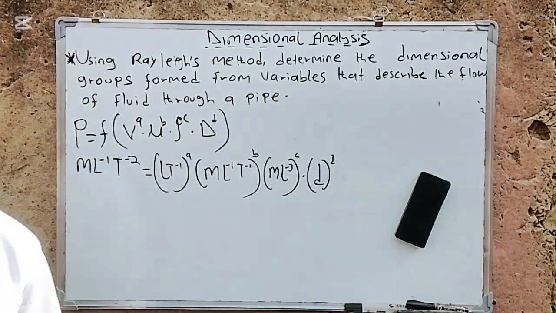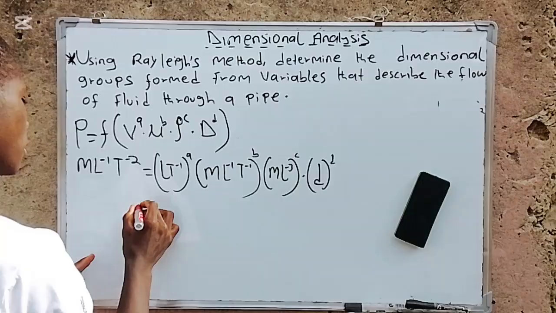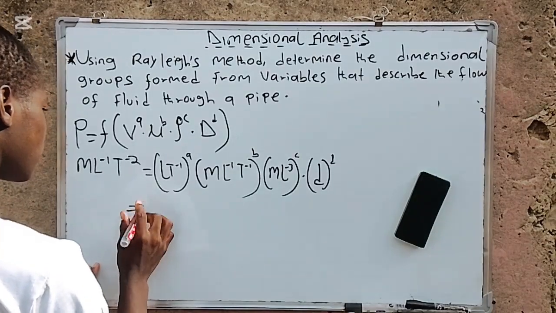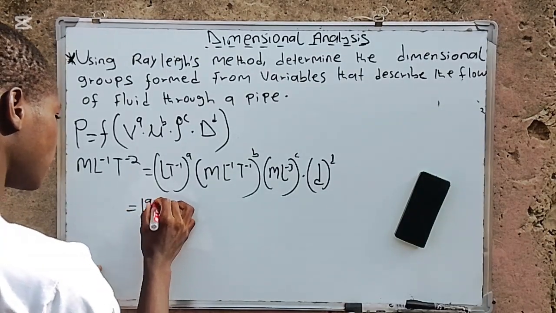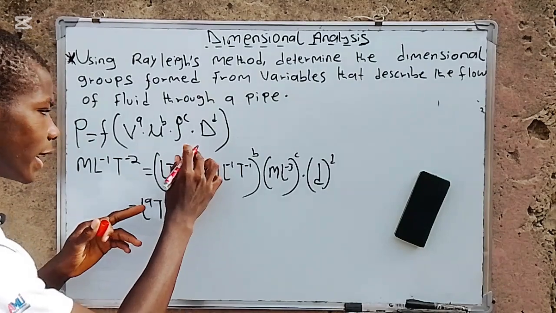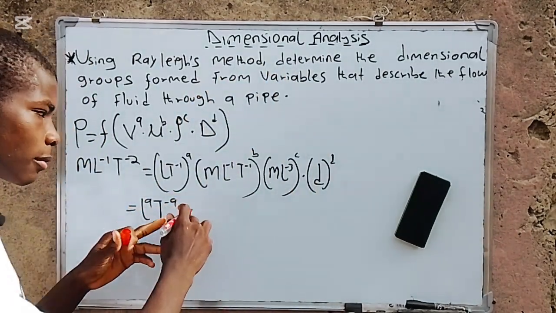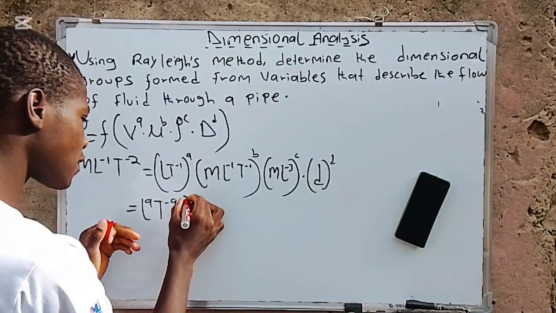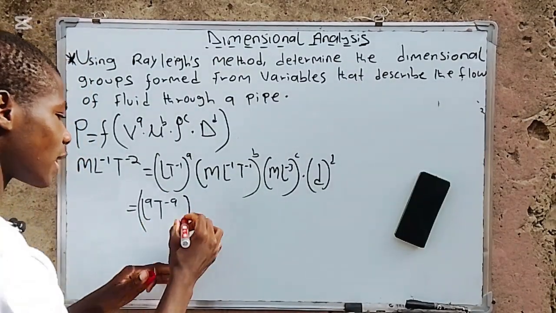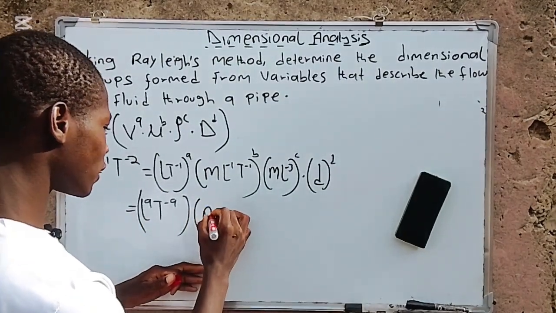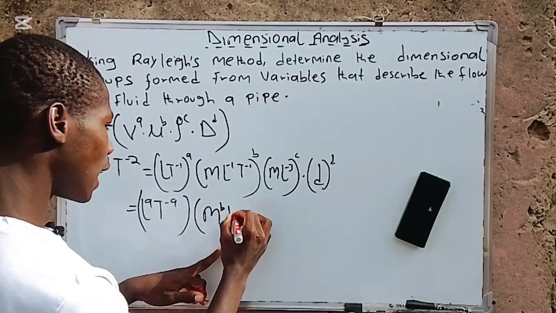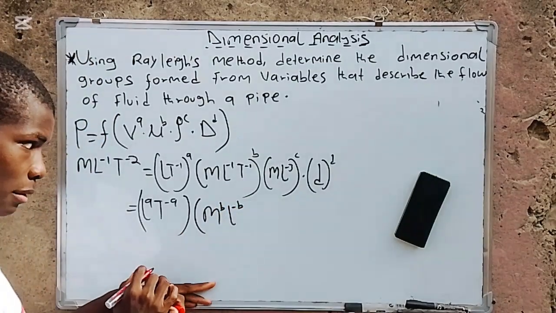Please don't get confused. So I have to distribute this. This is the same thing as saying L to the power A, T to the power minus A, because it consists of L, and also if I multiply negative 1 by A, it will give me negative A. Please don't ask for that, because you're seeing it practically, or let me say theoretically. So therefore M to the B, L to the negative B again.